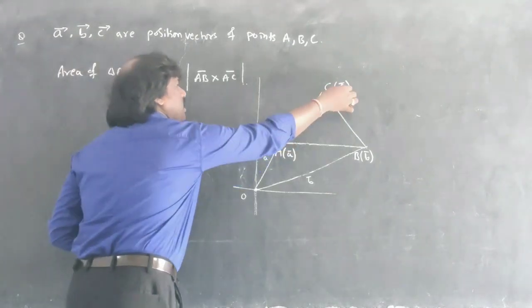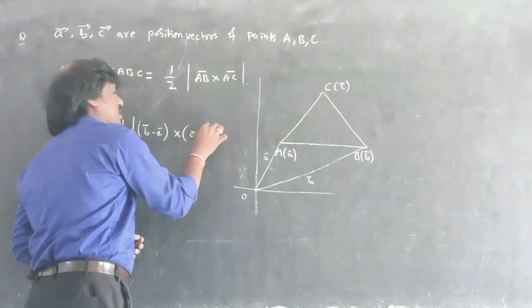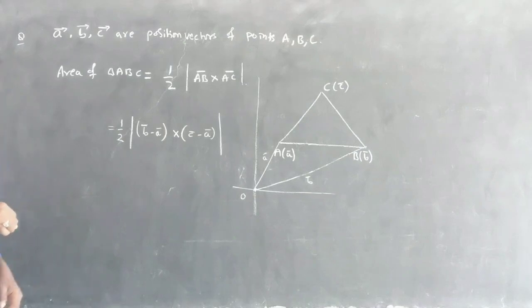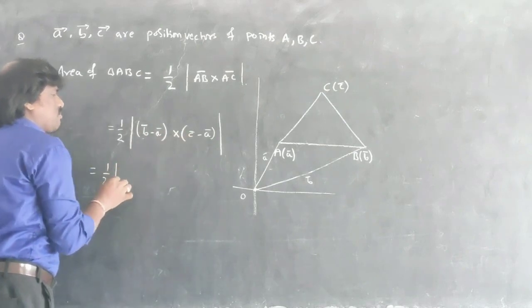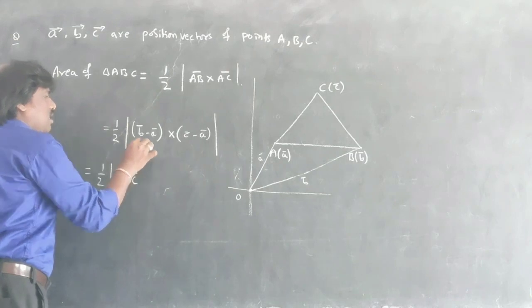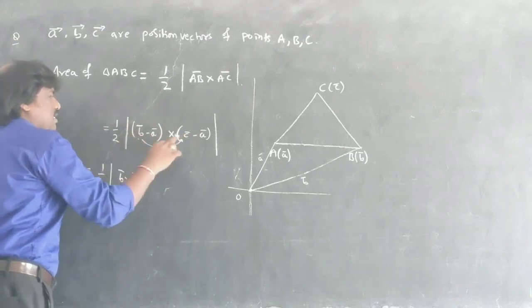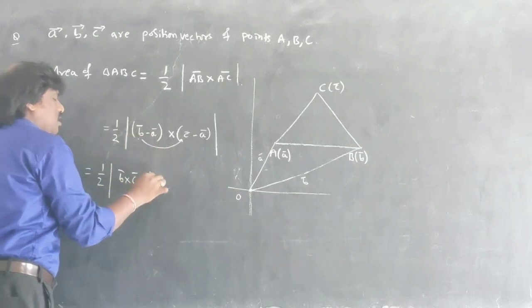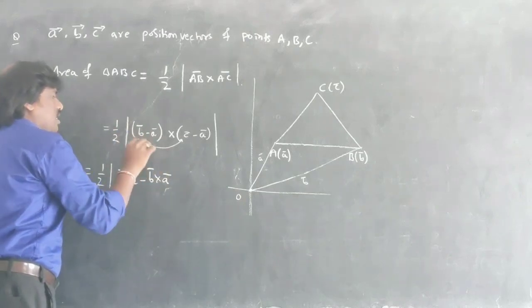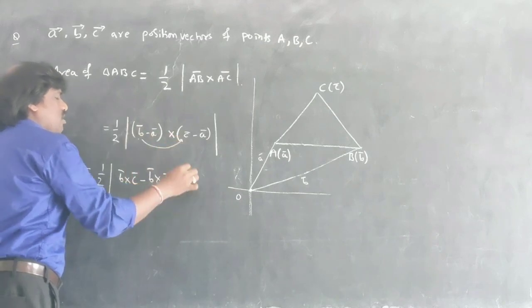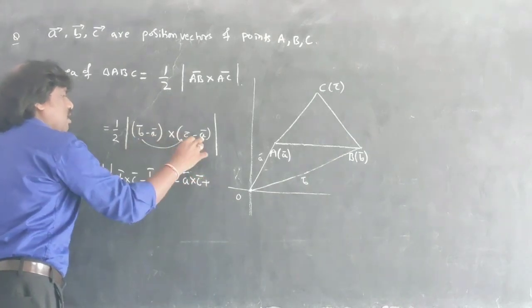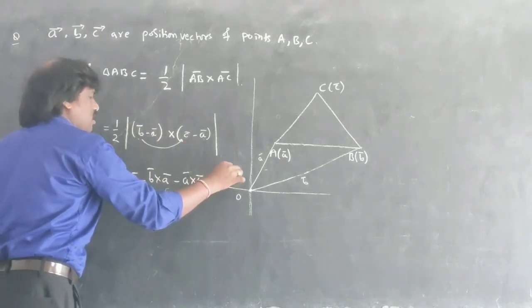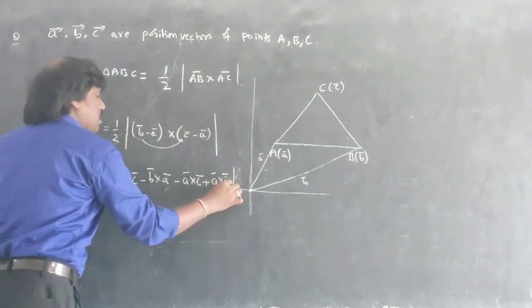And AC vector will be C vector minus A vector, as I already informed you at the time of position vectors. Now this can be written as half of, if you do the cross multiplication, B cross C, then plus (minus into minus) B cross A, and then minus A cross C, and minus into minus plus A cross A. This is what I get after doing the cross product.